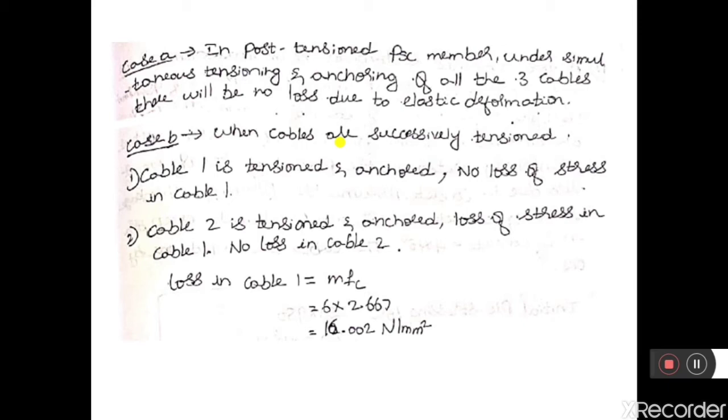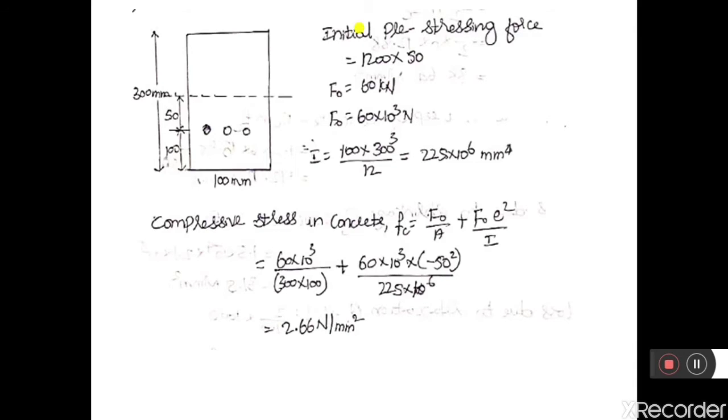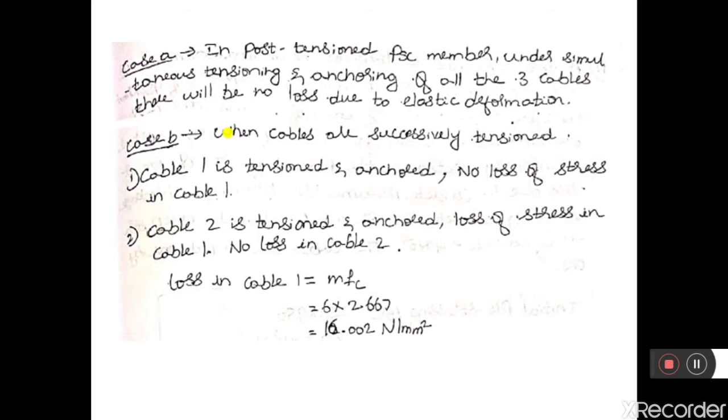And now coming to the second cable. When this cable is pulled with the initial pre-stressing force of 60 kilonewton, there will be loss in cable 1 and cable 2 will have 0 loss. So when cable 2 is tensioned and anchored, there is loss of stress in cable 1 and no loss of stress in cable 2.